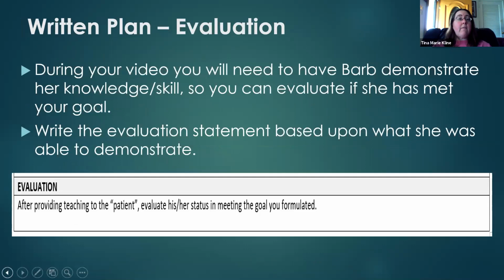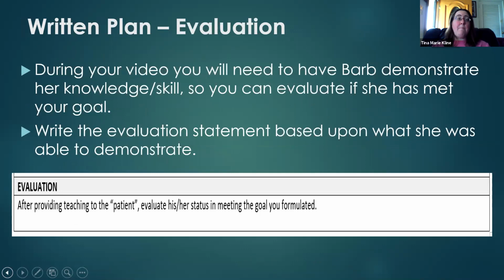For the evaluation piece, as I mentioned, during your video you're going to need to have Barb demonstrate her knowledge or her skill so you can evaluate if she's met the goal or not. And then you're just going to write the evaluation statement based upon what she was able to demonstrate. So, goal met: Barb was able to restate the key points of medication teaching related to metoprolol.